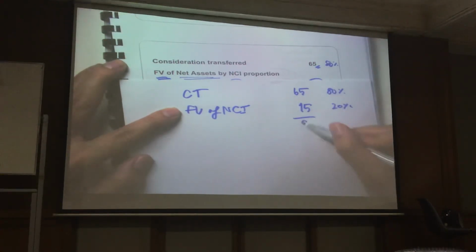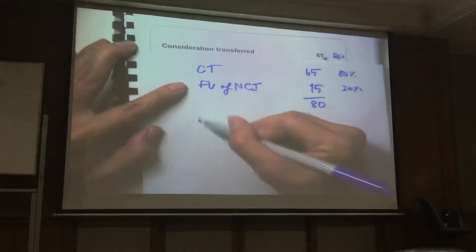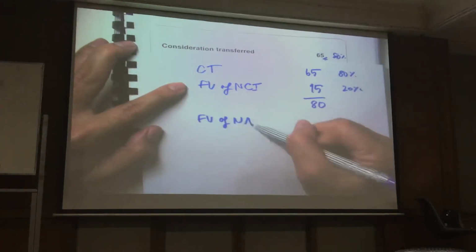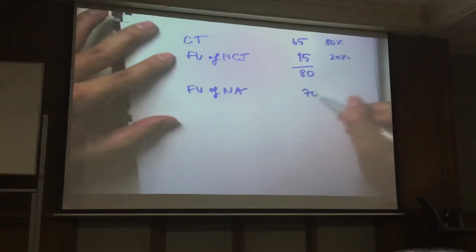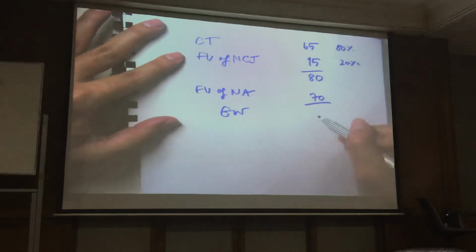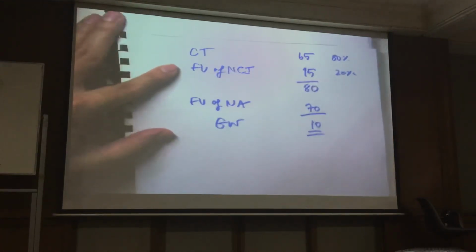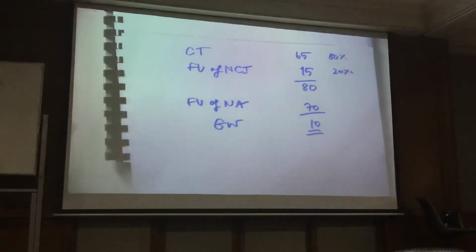What you got? 80. Fair value of net asset, how much is it? Here, 70. So goodwill turns out to be 10, based on the calculation.